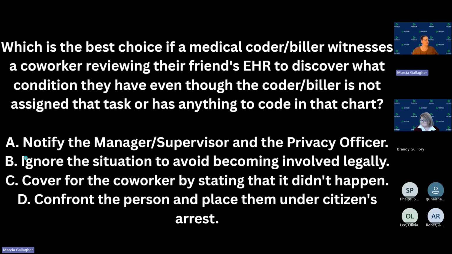B, ignore the situation to avoid becoming involved legally. C, cover for the coworker by stating that it didn't happen. Or D, confront the person and place them under citizen's arrest. I mean, come on. It's a silly thing, huh? We've got to notify the manager, supervisor, and the privacy officer.